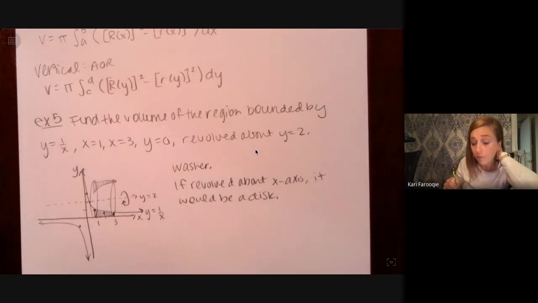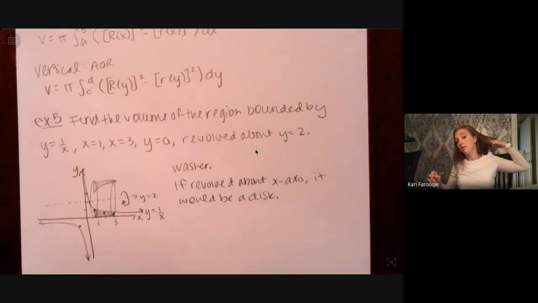So when you have a washer, you have two things you got to get right: the outer radius and the inner radius. If you're one of those people who just needs to visualize instead of thinking about formulas or top minus bottom, that's fine.